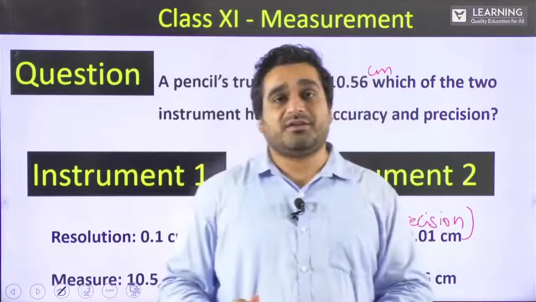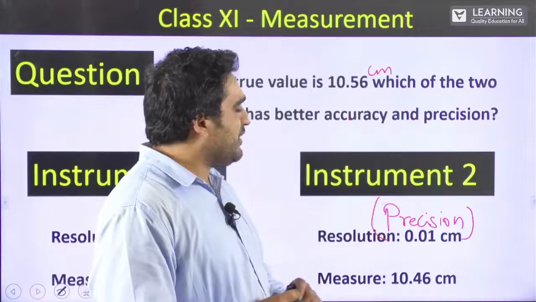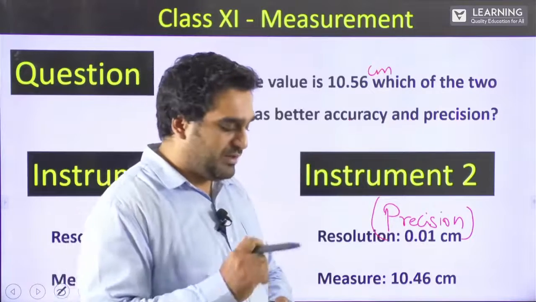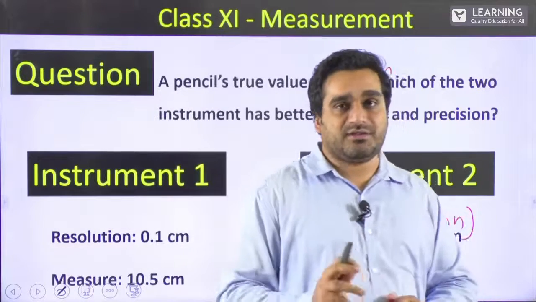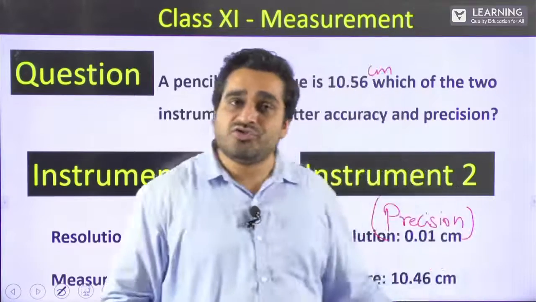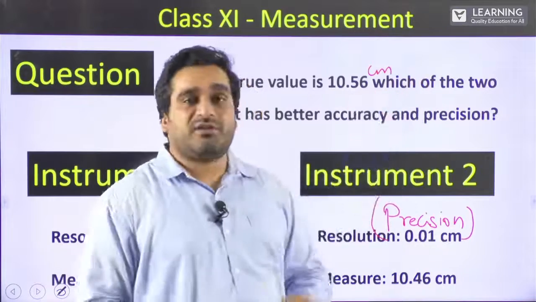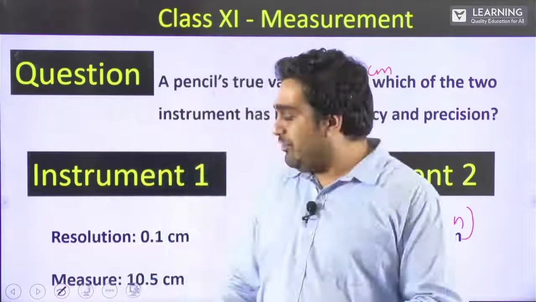Now what about the accuracy? Among these two instruments, which one will have better accuracy? To find the better accuracy, we need to know if the measurement is close to the true value. The true value is about 10.56.